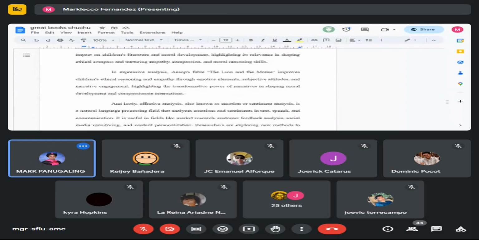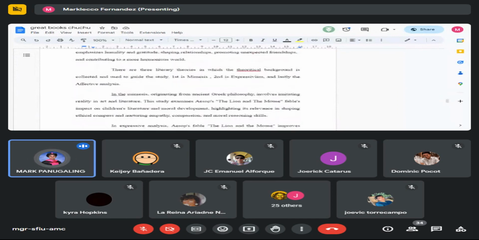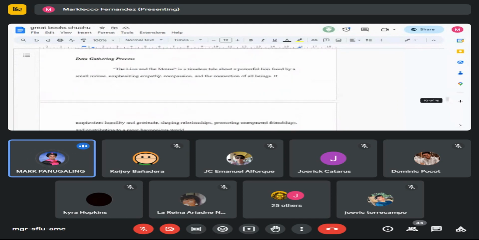Data gathering procedure is: how do you find the source of your data? The Lion and the Mouse, the timeless. This was what you discussed in your rationale. The data gathering process is this literary analysis uses the major sources of data coming from what book or from the internet.